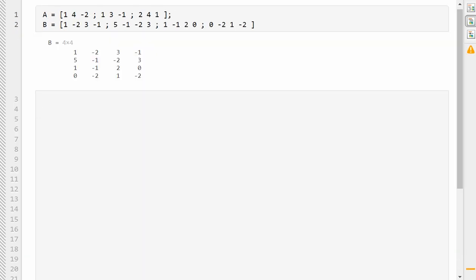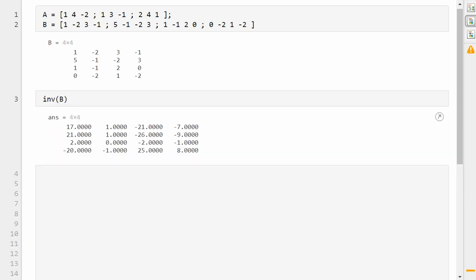The final thing we want to do is look at a 4x4 matrix and just make sure we understand the process. So we have the matrix B, and I can use the inverse function just to see what the inverse of B would be.